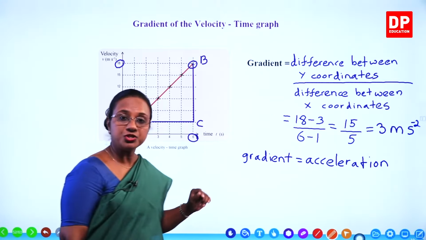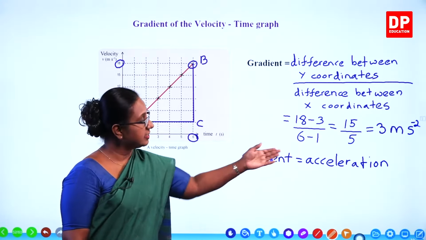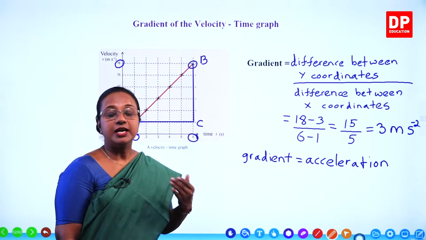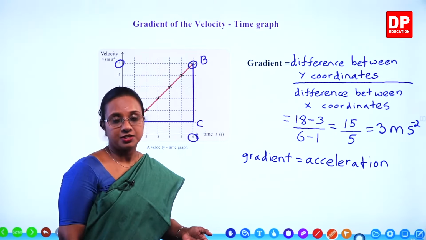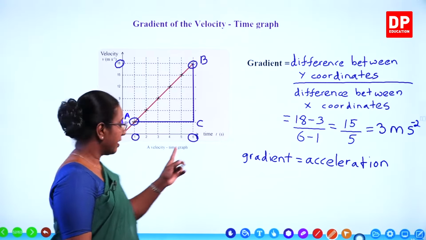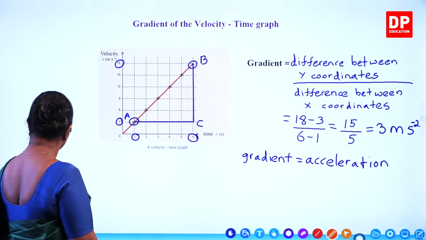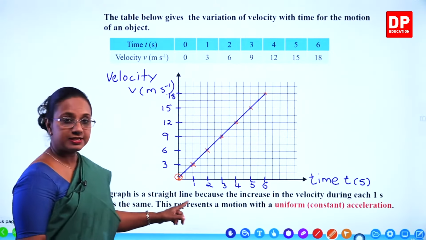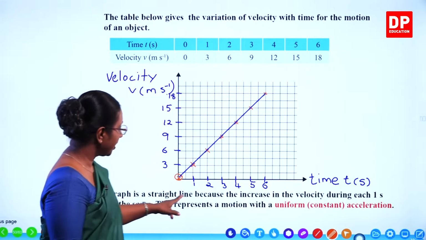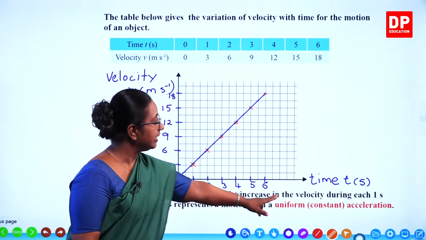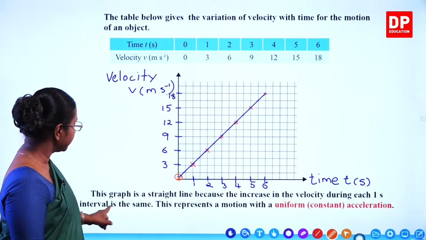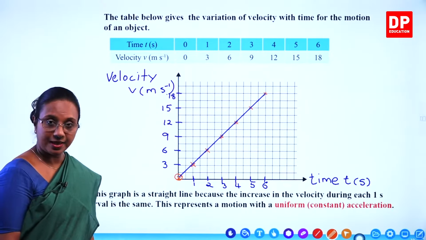If it is a positive gradient, it is acceleration. If it was a negative value, it will be deceleration. We have seen that before also. If I go back to the previous slide, here you can see this graph is a straight line because the increase in the velocity during each 1 second interval is the same.